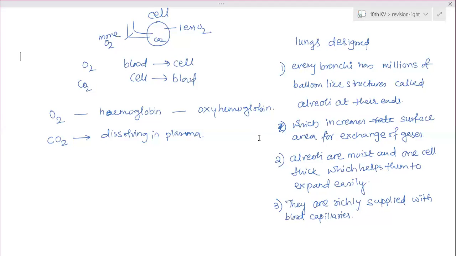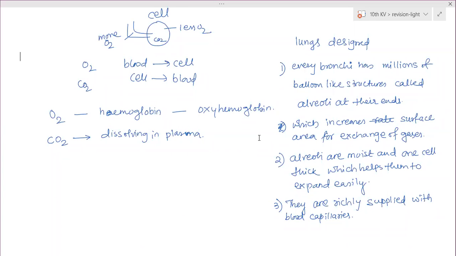Even if we exhale with more force, all the air does not come out of the alveoli through the lungs. Some amount of air is still present after forceful exhaling.